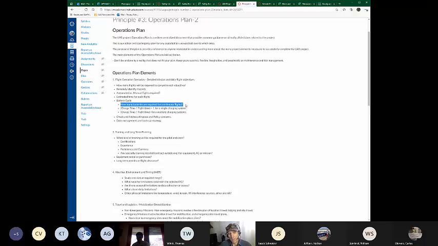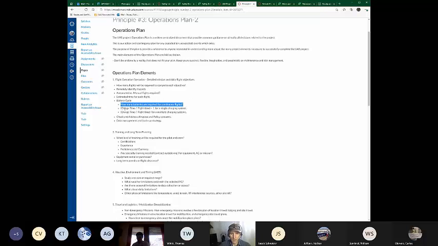But a DJI M600 actually has 6 batteries. So what we're talking about here is a battery cycle would be, for the M600, those 6 batteries. For the Mavic, that would be the 1 battery.